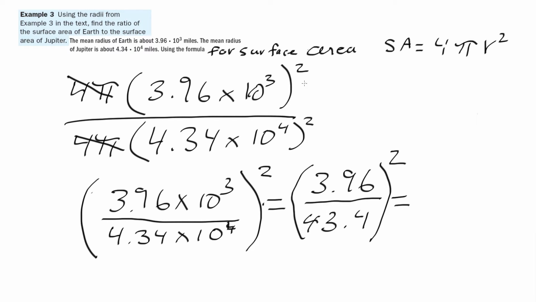And I get about 0.008 to 1 as the ratio of surface areas between the Earth and Jupiter.